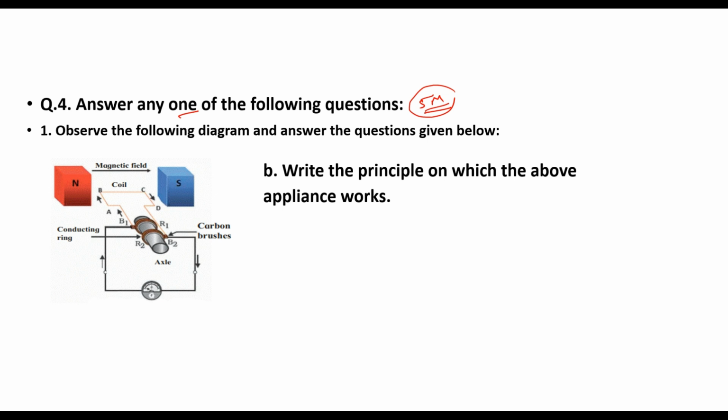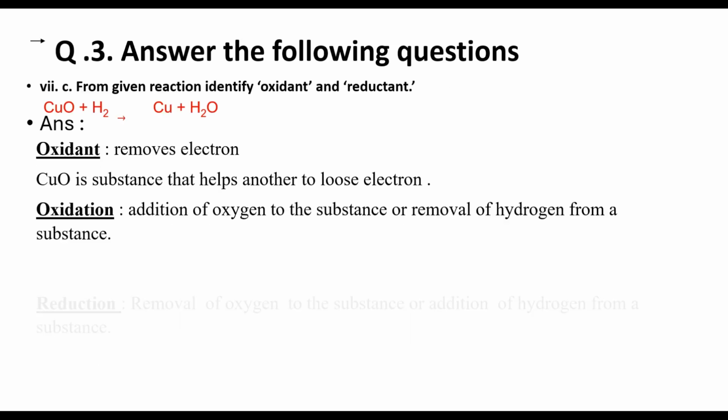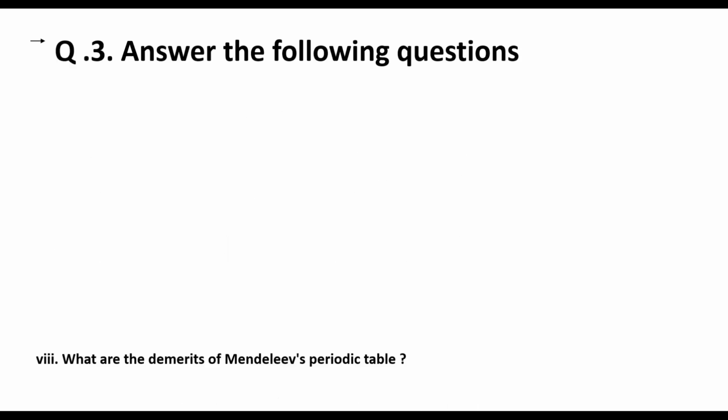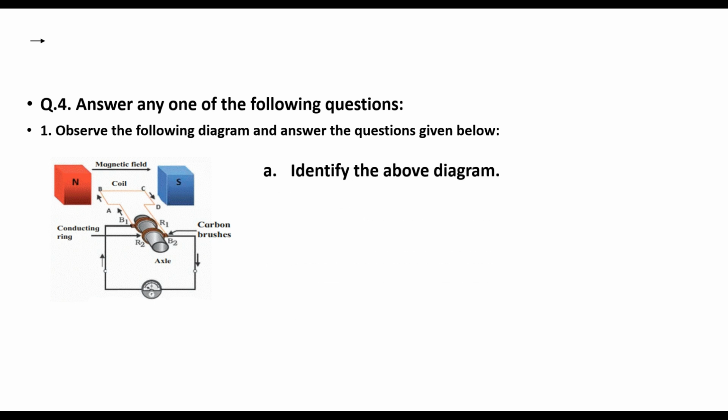Identify the above diagram, meaning which diagram it is. It is an AC generator. You have to write AC electric generator, because many times students write only AC.